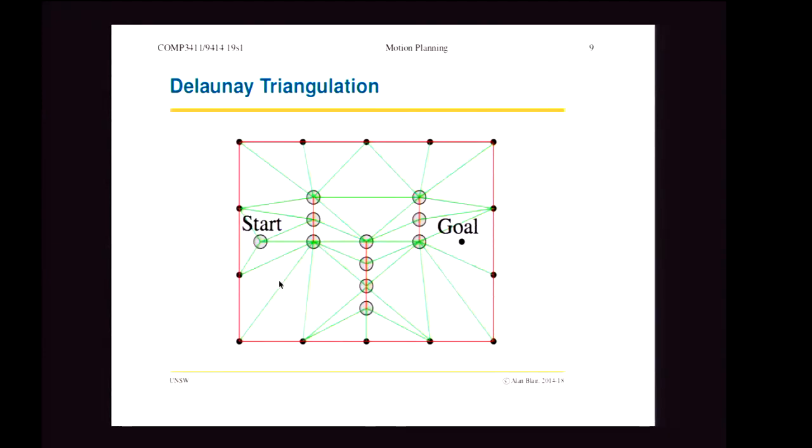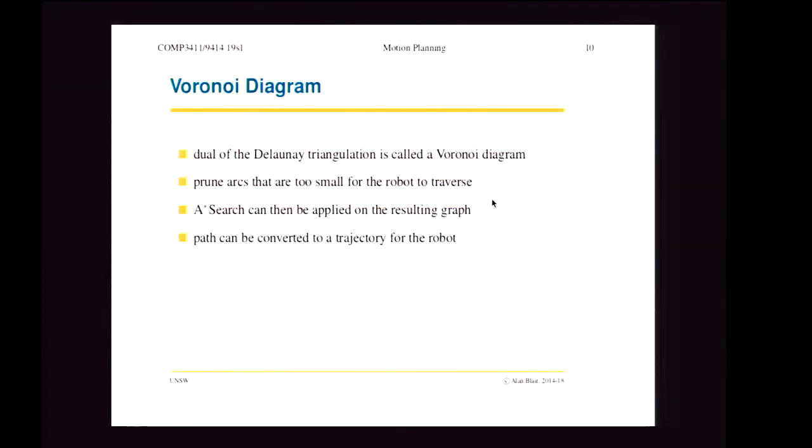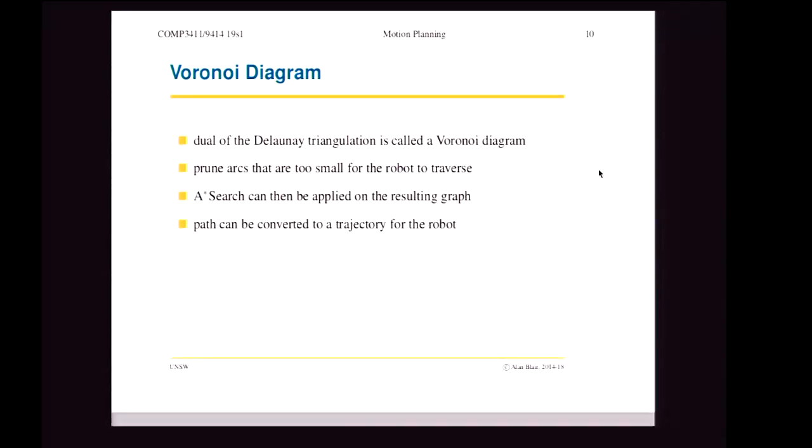So you have to try to imagine that's the graph that we're actually going to search on, the Voronoi diagram. We prune arcs that are too short for the robot to traverse, those little red ones. And now we can use A* search on the resulting graph to find a trajectory for the robot.